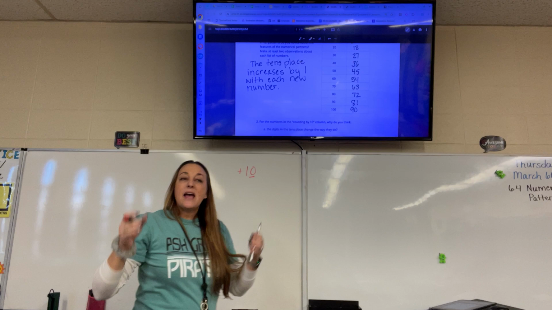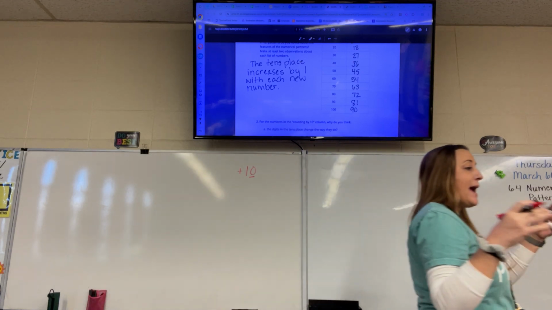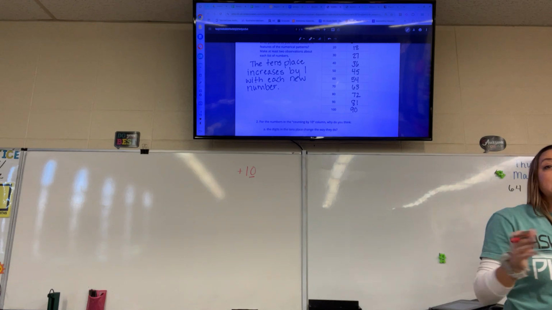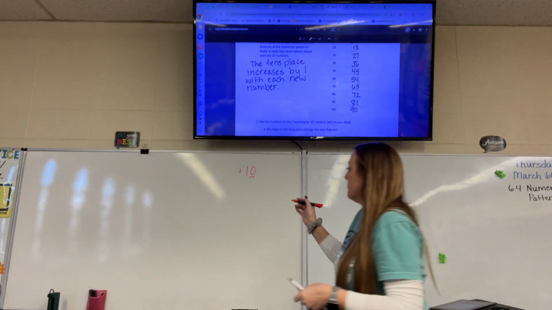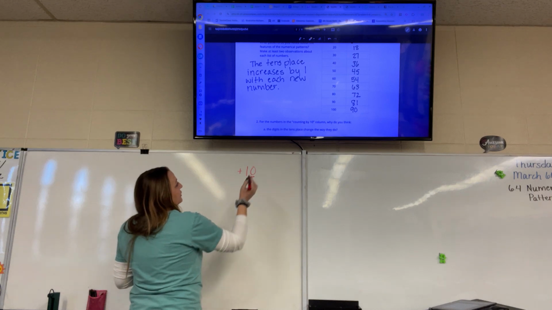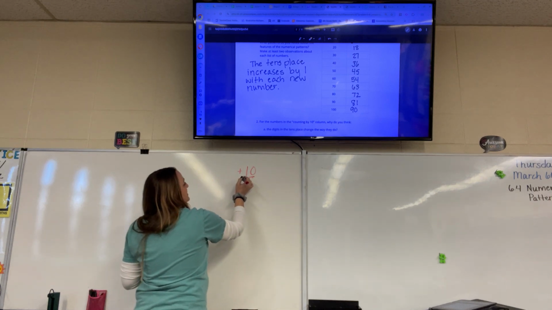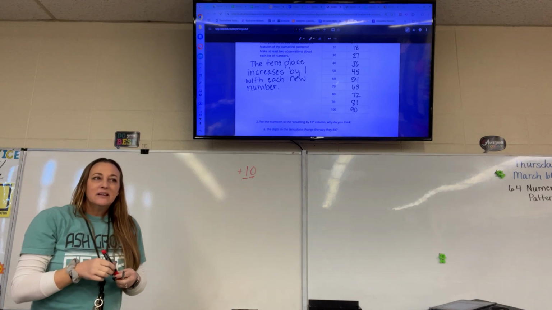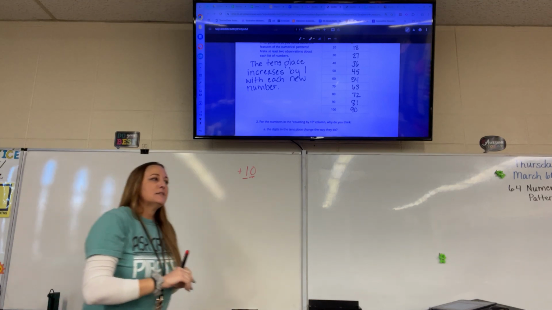So that means every number that you add 10 to, the ones place doesn't change, right? Because you're adding 0. But the digit in the tens place goes up by 1 because in the number 10, it has a 1 in the tens place.